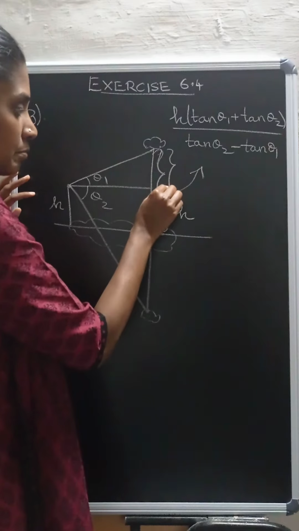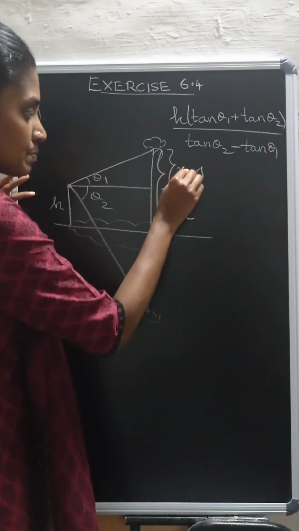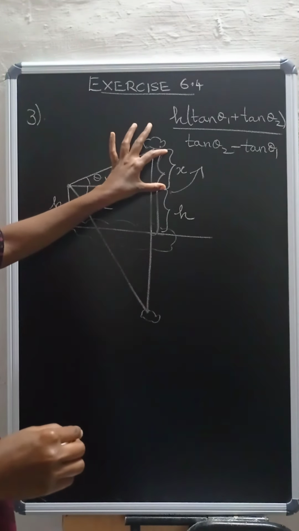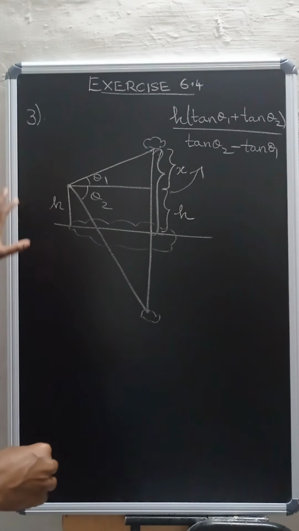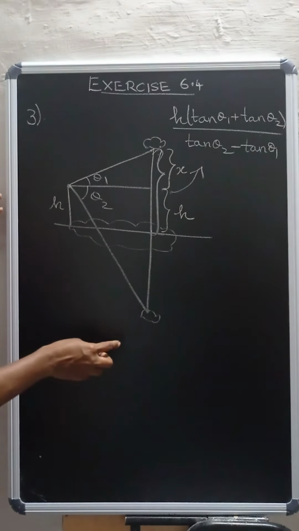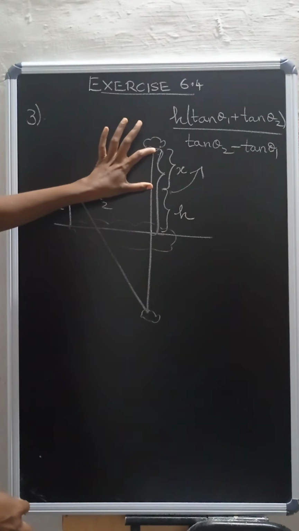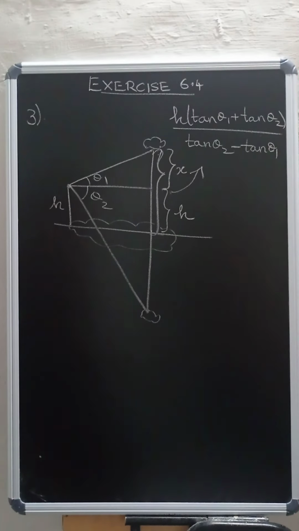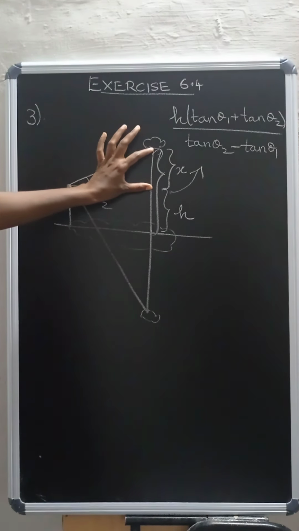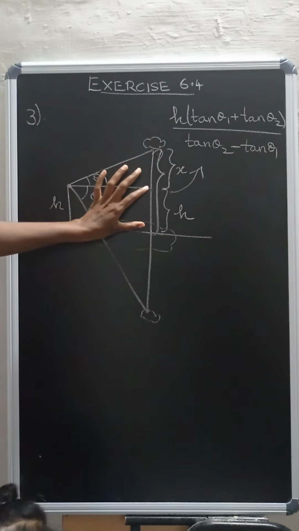So what I am going to do is keep this part as x, find the value of x and add it with h. Now I will split this into two triangles. Now see, this part is x, and this is h.